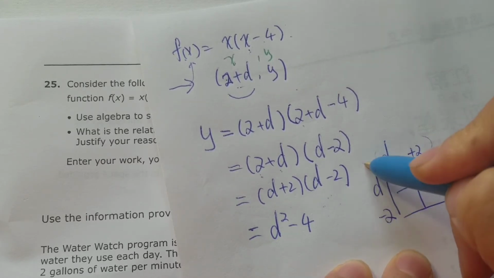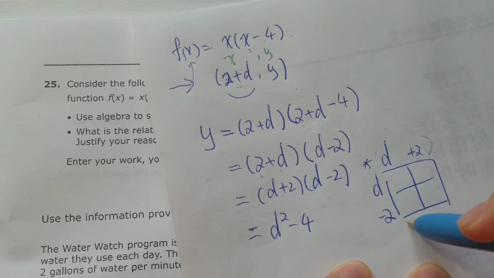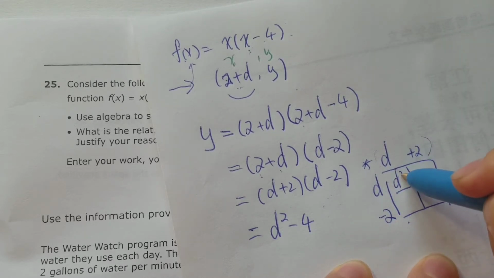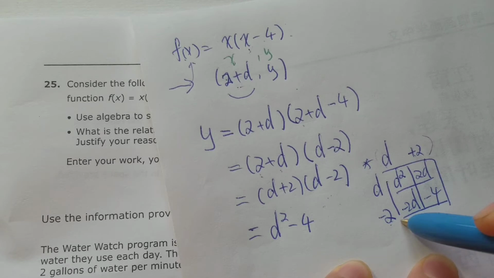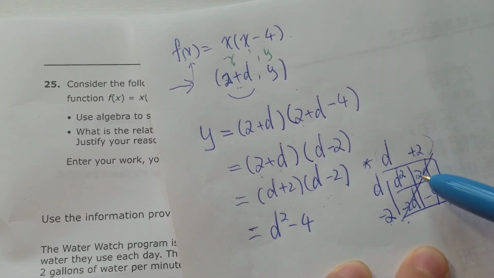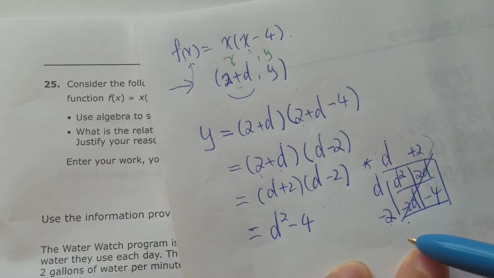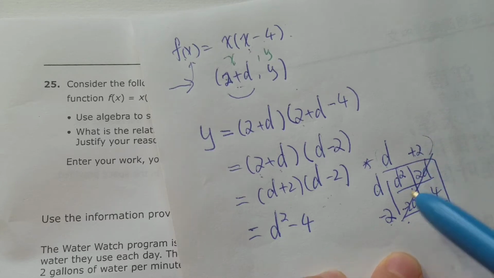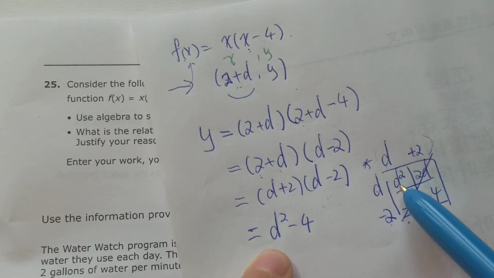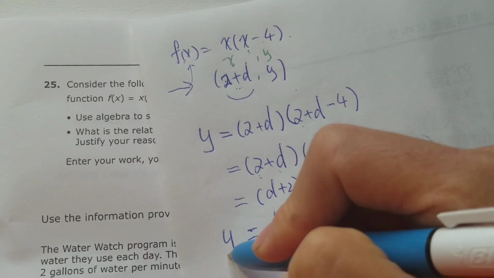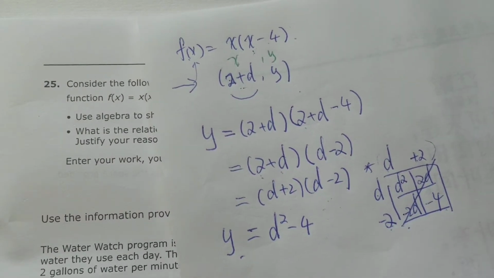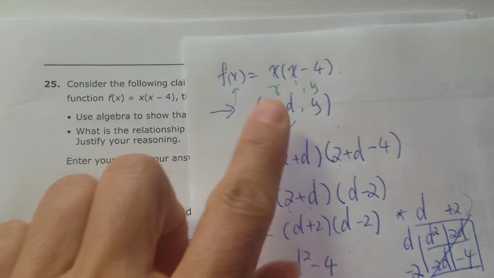D times d is d squared, then positive 2d and negative 2d, and negative 4. The diagonal is your like terms; positive and negative cancel each other. Therefore, your product, d squared minus 4, equals your y. This is what we have for the given point.